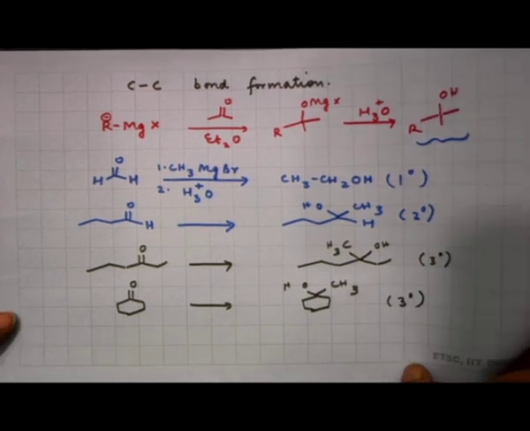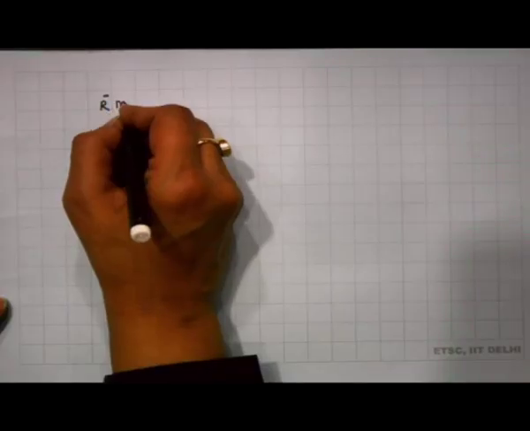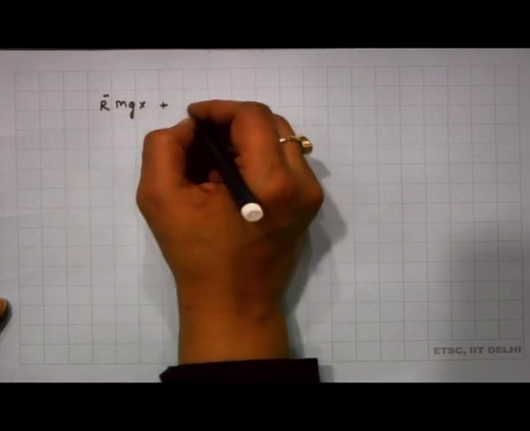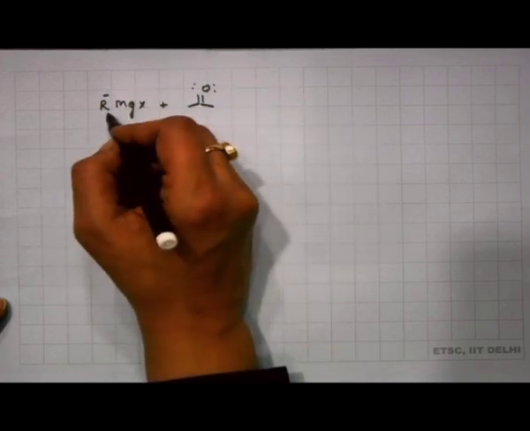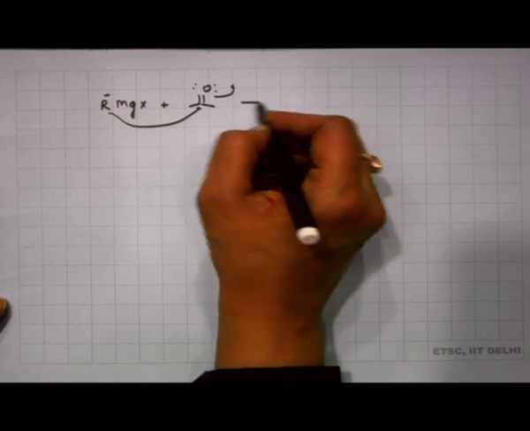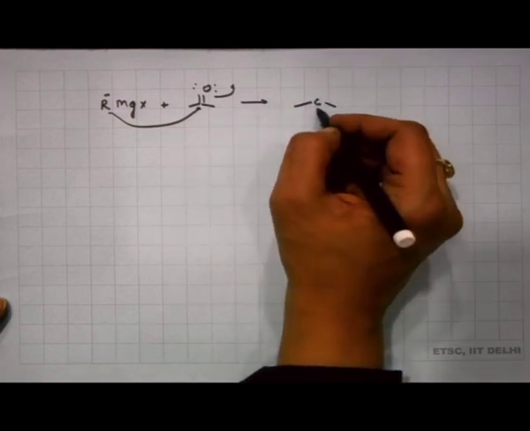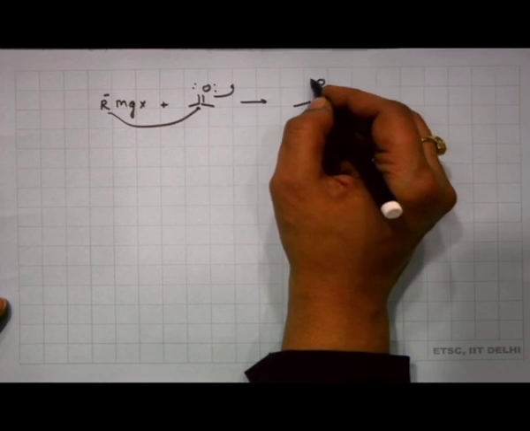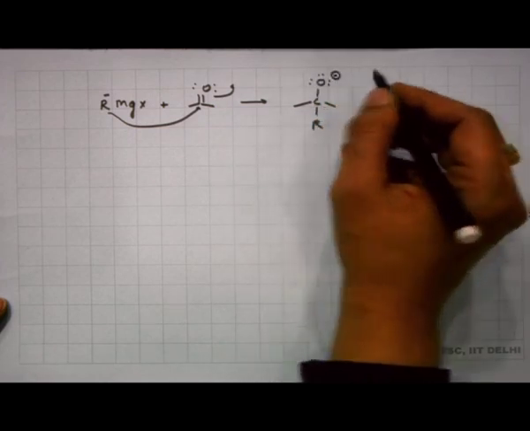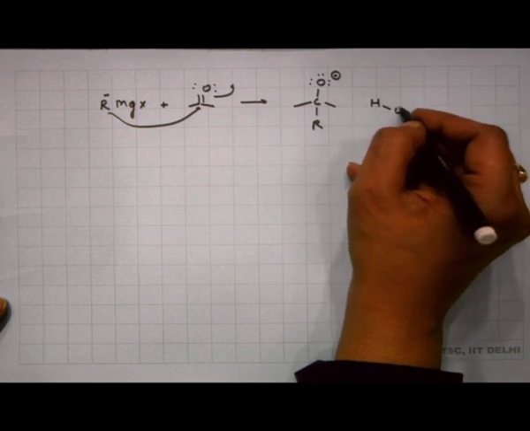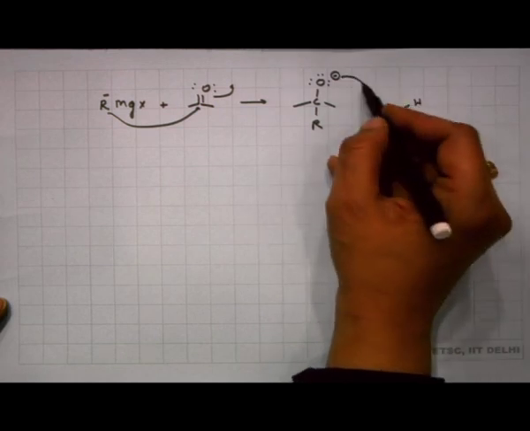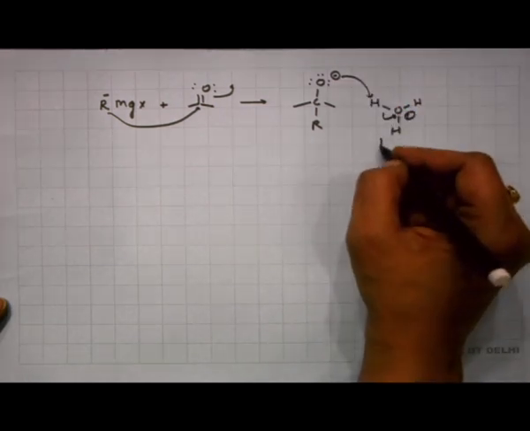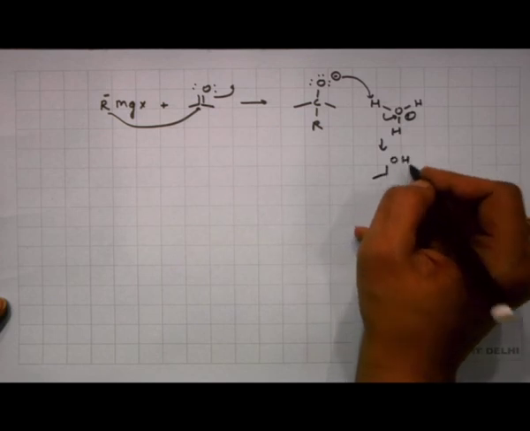The general method for this would be very straightforward, that is the nucleophilic addition of the alkyl group of the Grignard's reagent onto the carbonyl carbon to give you an intermediate, in which now this oxygen is bearing a negative charge, and this picks up the proton and you get your desired alcohol very conveniently.